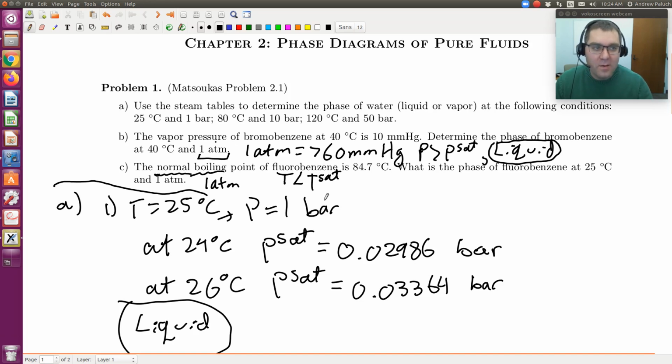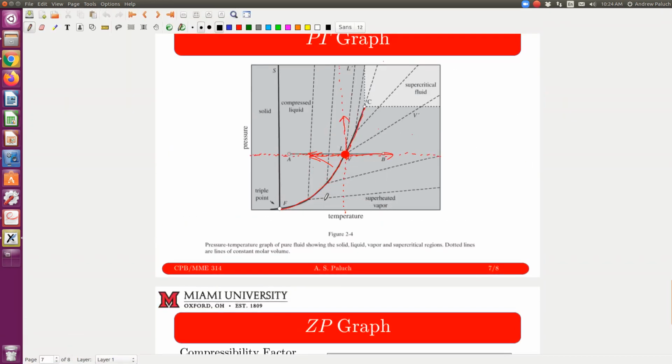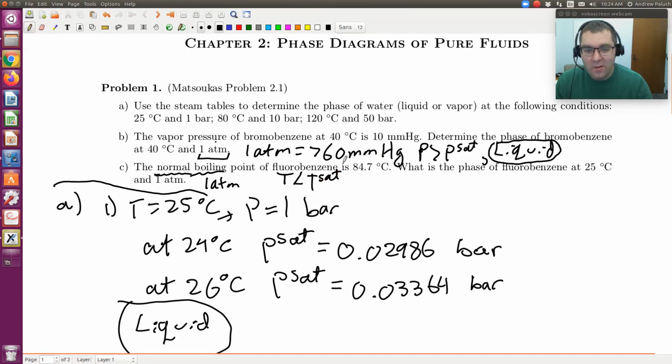So now I'm comparing temperatures. Rather than thinking in terms of this vertical, now I'm thinking in terms of this horizontal, this isobar. If my temperature is less than the value at saturation, the reference point we're given at a given pressure, so T is less than Tsat, again that's going to put us down in the liquid.